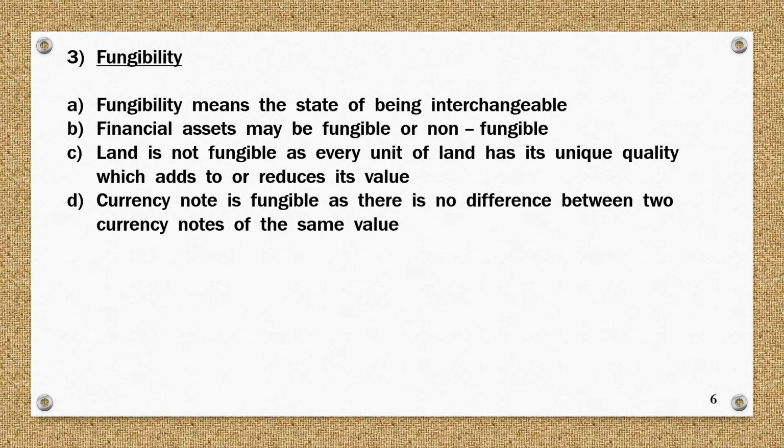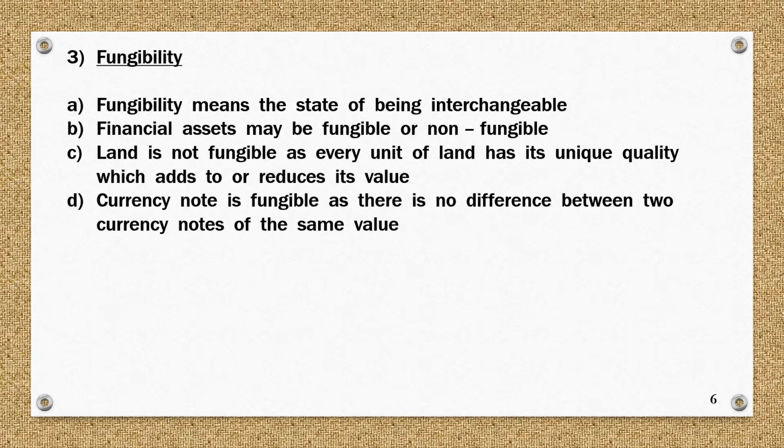Now we shall understand the term fungibility with the help of example of currency note. The term fungibility means the ability of an asset or goods to be interchanged with other individual goods or assets of the same type. Such an interchange is possible as the assets have an equal value. We are very much aware that there is no difference between two currency notes of the same value.